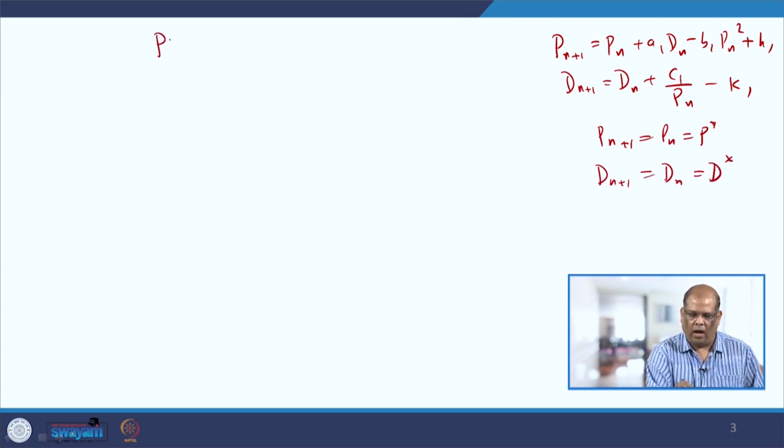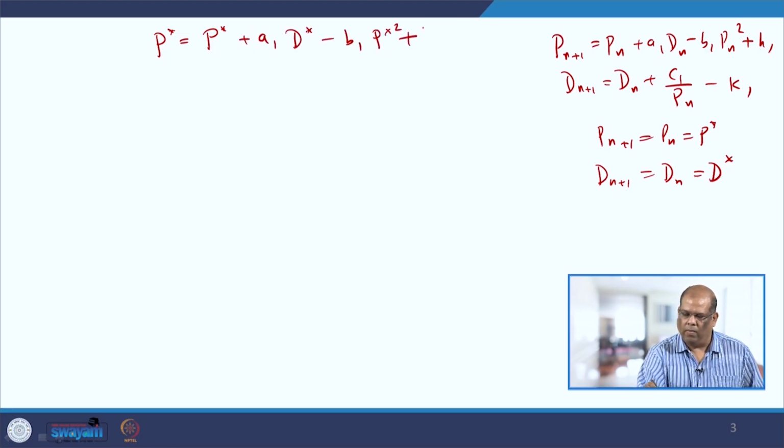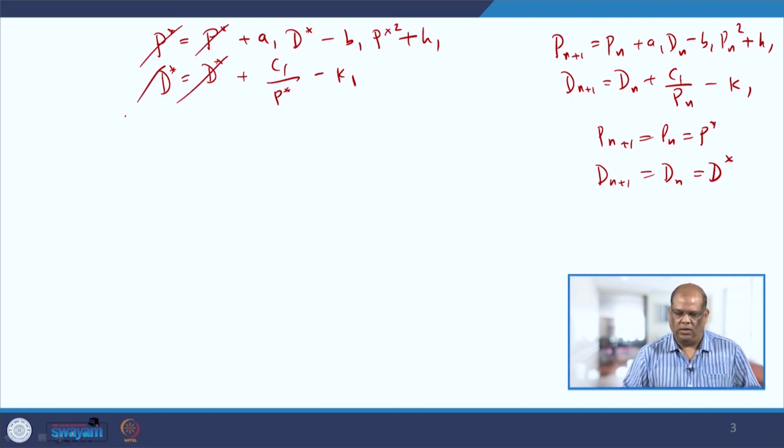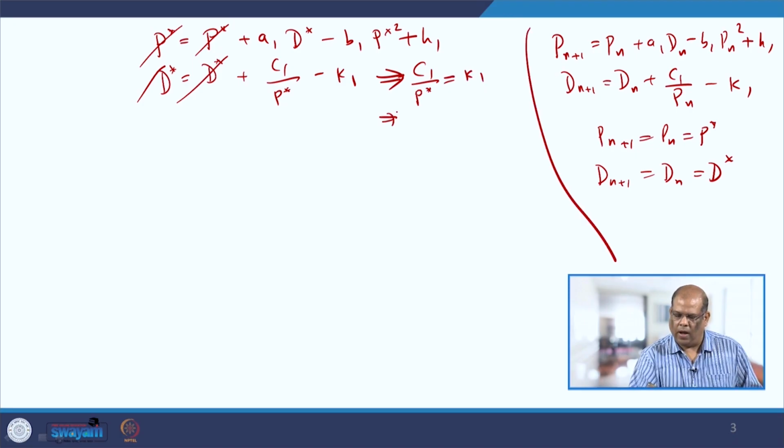If I do that, I will get P star equal to P star plus A1 D star minus B1 P star square plus H1, and D star equal to D star plus C1 by P star minus K1. So these two cancel, and from here we get C1 by P star equal to K1, and this implies P star equal to C1 by K1.